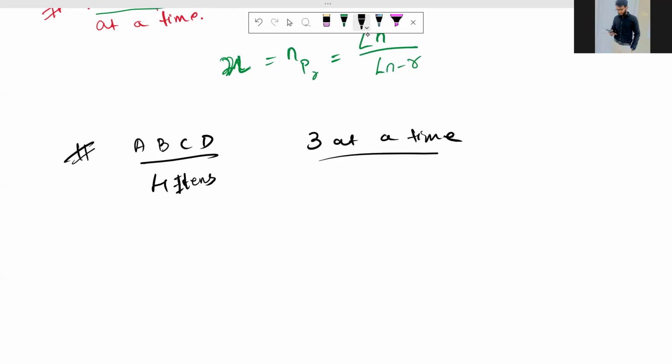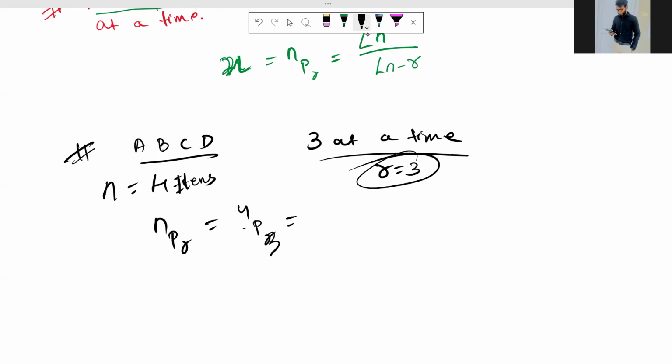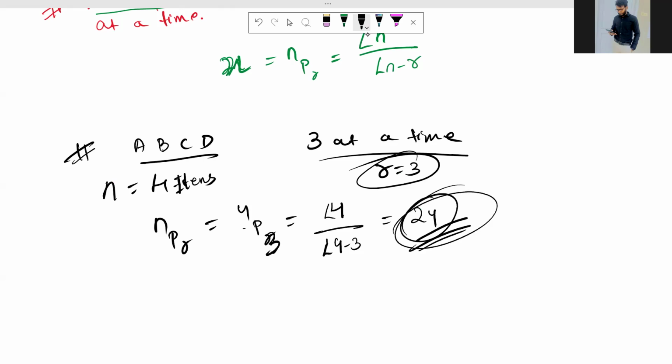It means r is 3 and n is 4. So 4P3, where r is 3. Here you can say 4 factorial divided by 4 minus 3 factorial. It is equal to 24. The answer is 24. Clear?